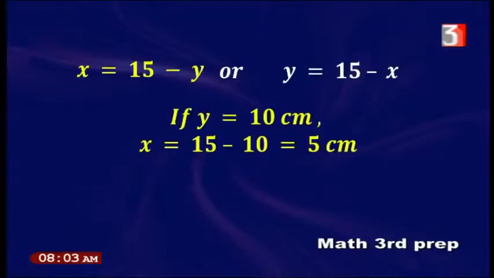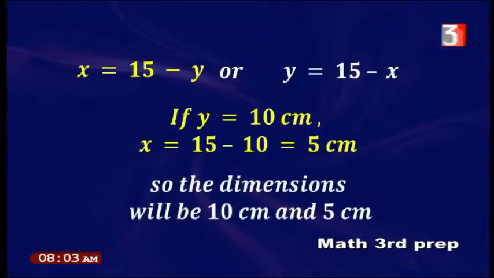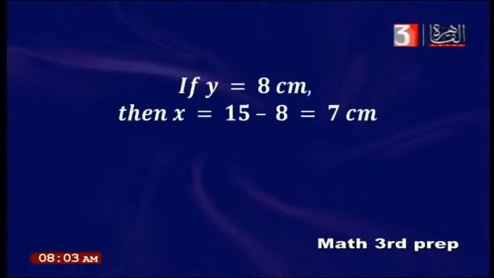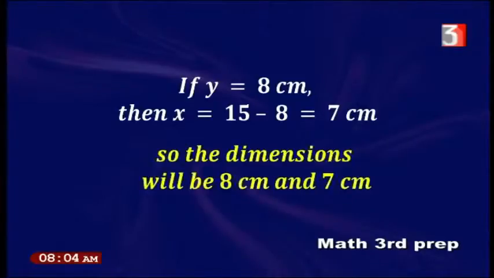And we can say that the dimensions will be 10 centimeters and 5 centimeters. But if y equals 8, what about the other dimension? Yes, x equals 15 minus 8 to obtain a result of 7 centimeters. And we can say that the dimensions will be 8 centimeters and 7 centimeters.